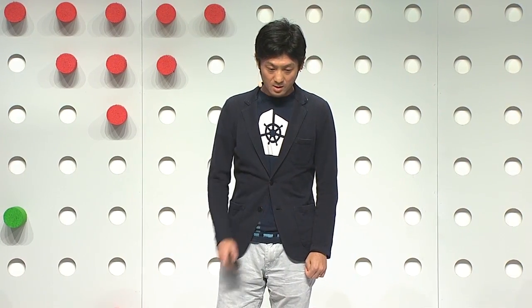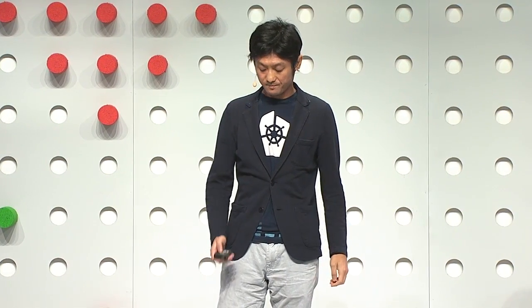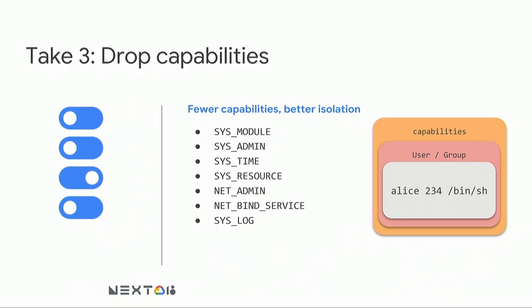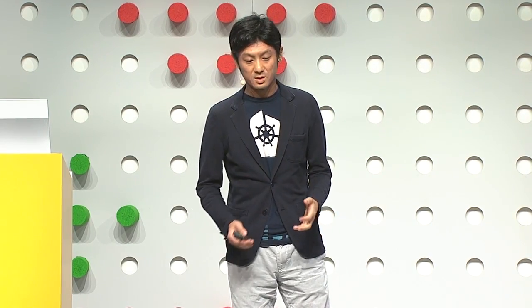But what if the process can have a capability to set the PID, or create a raw socket? You can still do something there. So now take three, dropping capabilities. Linux has a functionality called capabilities, which splits the aggregated root privileges into much finer grained pieces.